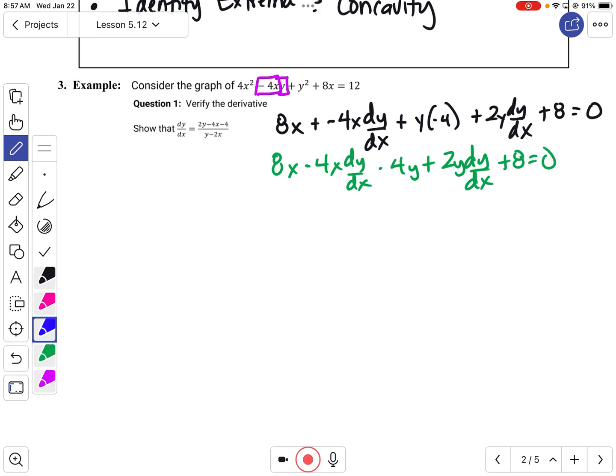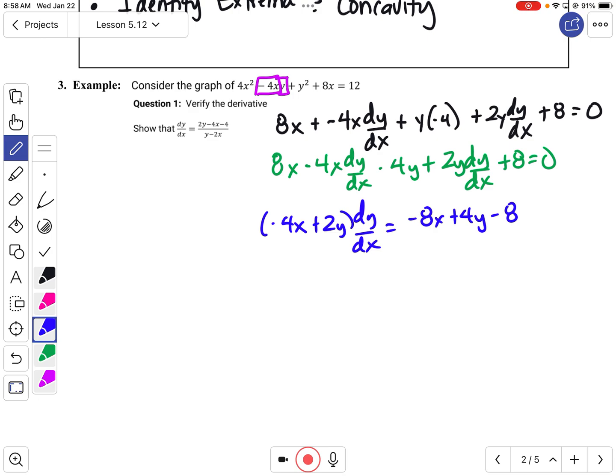Let's move everything over that does not have a dy/dx to it. And so if we do that, then we factor out everything else. I have negative 4x plus 2y dy/dx is going to equal negative 8x plus 4y minus 8.